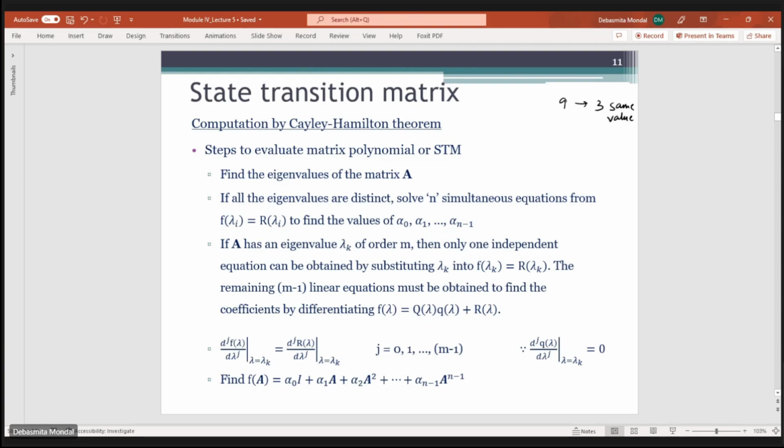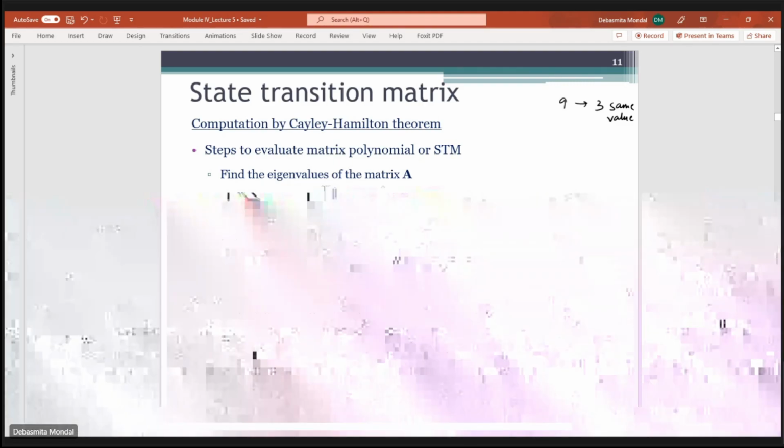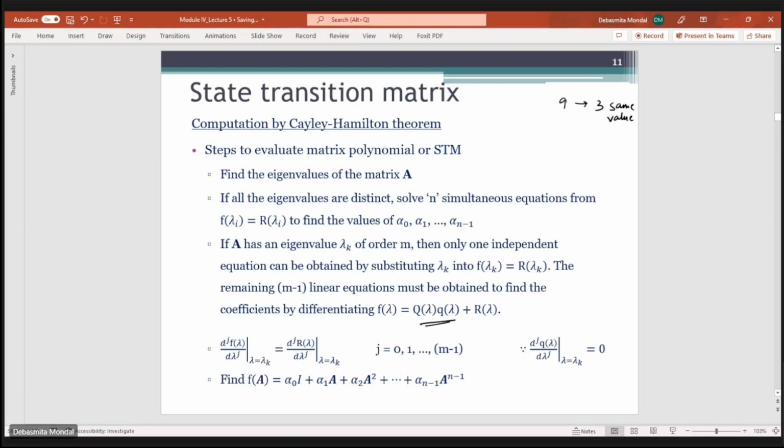So that means overall you will have m minus 1 more linear equations, and those m minus 1 linear equations can be obtained by differentiating the given equation. The given equation was this. This term is obviously equal to 0, because q of lambda is equal to 0. So what you can do is write f of lambda is equal to r of lambda and take the derivative of both sides.